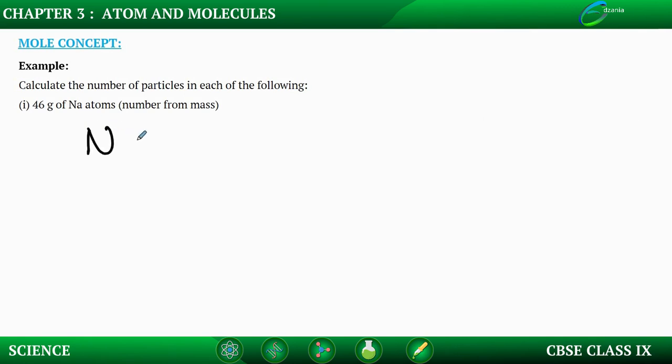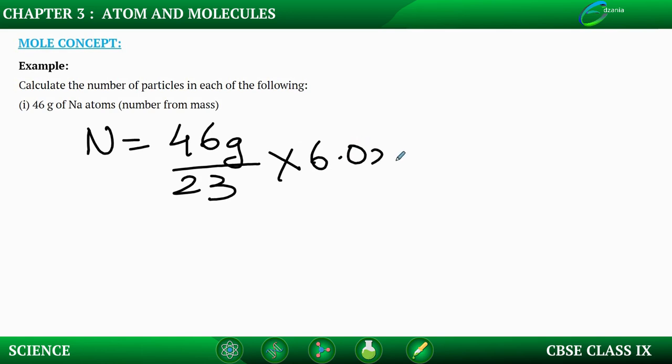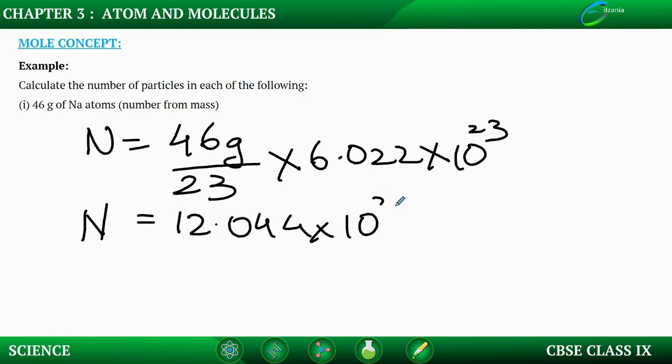Capital N equals the given mass, 46 grams, upon the molar mass of sodium, 23 grams, into 6.022 into 10 raised to 23. So the final answer is 12.044 into 10 raised to 23. So these many particles will be present in 46 grams of sodium atoms.